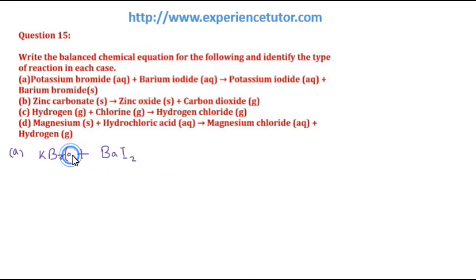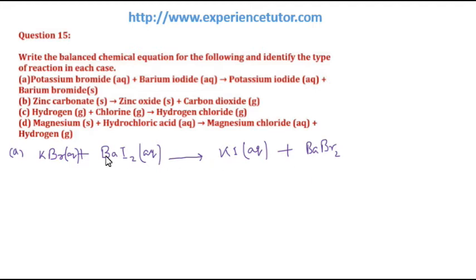This is aqueous. This is also aqueous. Potassium iodide can be written as KI, which is aqueous. Barium bromide can be written as BaBr2.